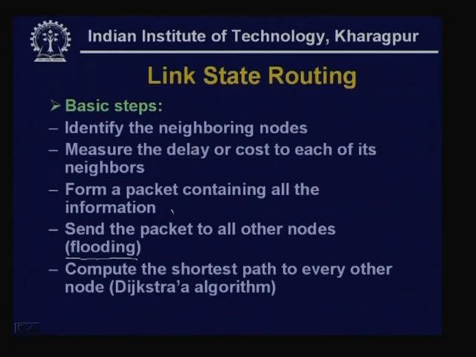So, here although information gathering takes place only from the neighboring nodes, the distribution of information takes place to all other nodes. Then compute the shortest path to every other node by using Dijkstra's algorithm. In this case the information is gradually gathered based on the information received from all other nodes, and then the routing is done.